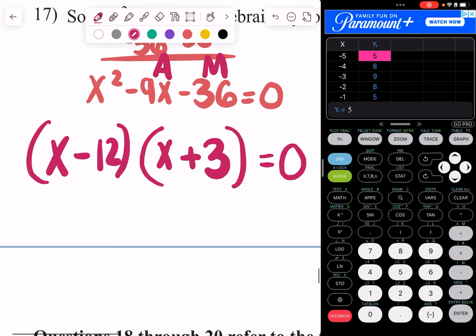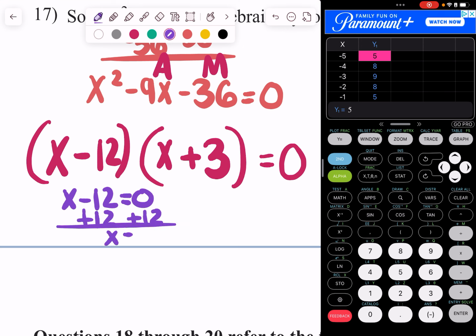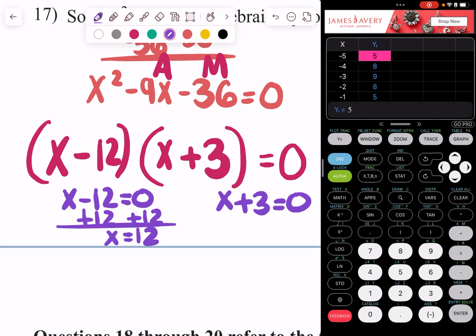I am now going to set each of these equal to 0. X minus 12 equals 0. I would add 12 to both sides, and that would give me x equals 12. I will then have x plus 3 equals 0. I will subtract 3 from each side. That gives me x equals negative 3. Those are my 2 zeros of the function. Those are my solutions, my x-intercepts, my roots. And I did that through factoring.